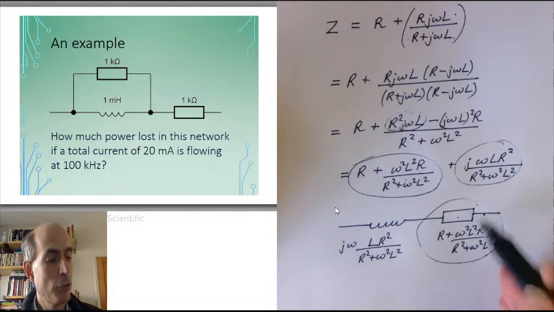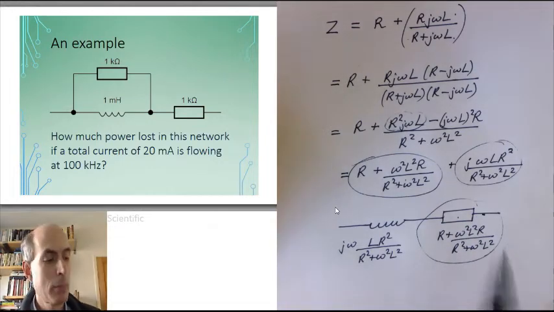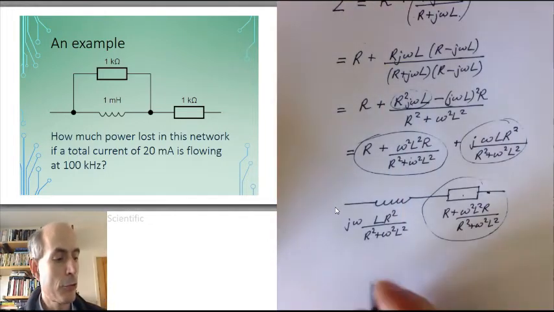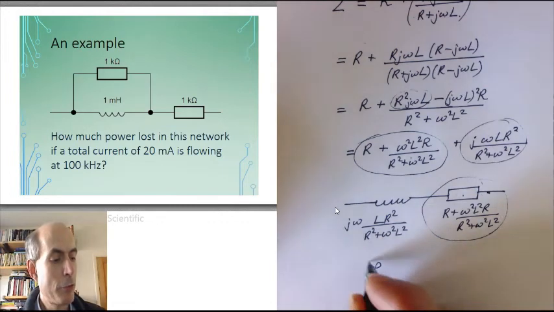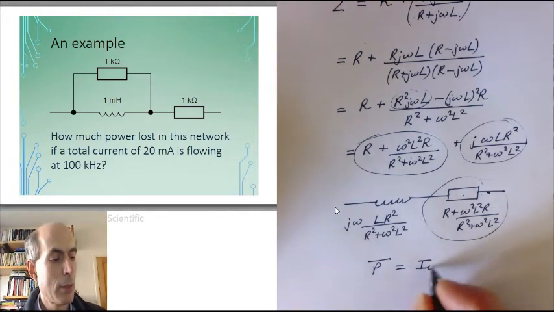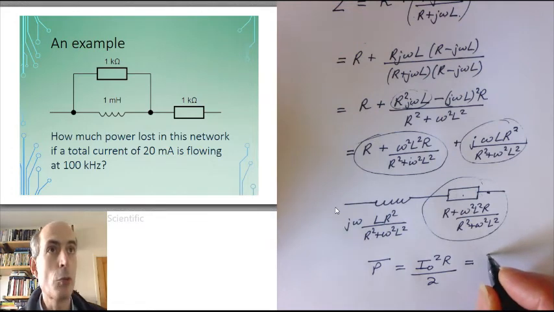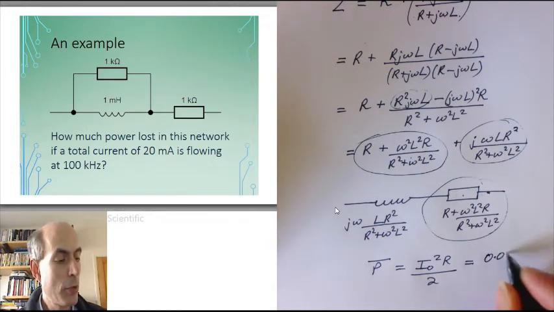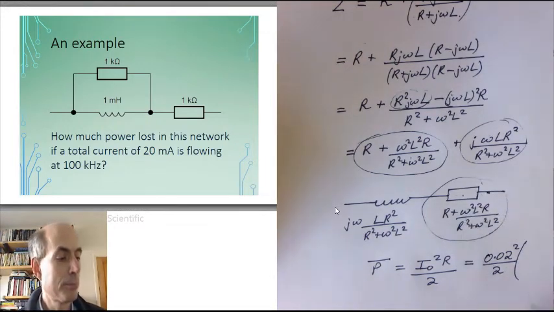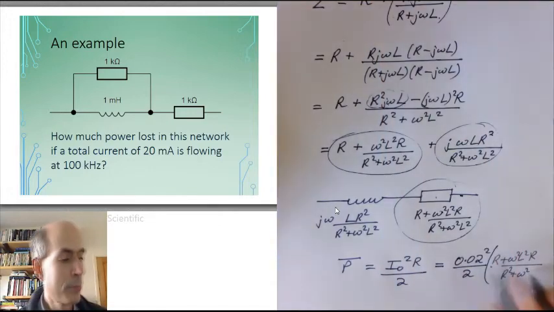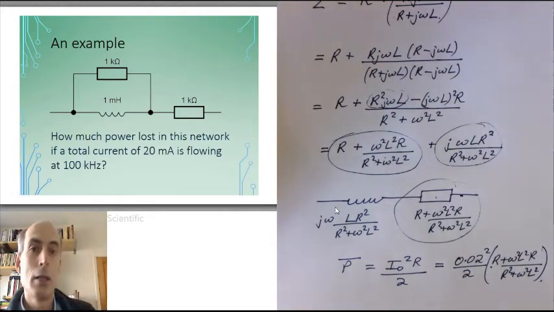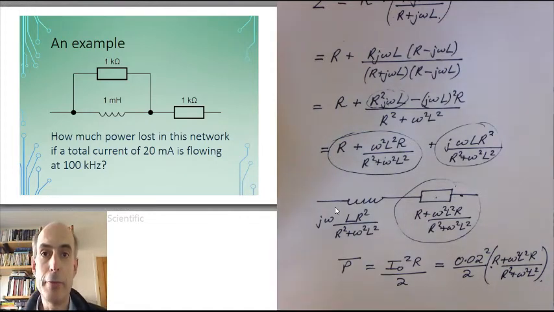So the power being lost is the current squared times the value of the resistance divided by 2. That's just from the formula. The average power is I0 squared times R over 2, which here is going to be, well, the current is 20 milliamps, so 20 milli squared over 2 times all of this lot. And from there, it's just a case of plugging in the numbers.